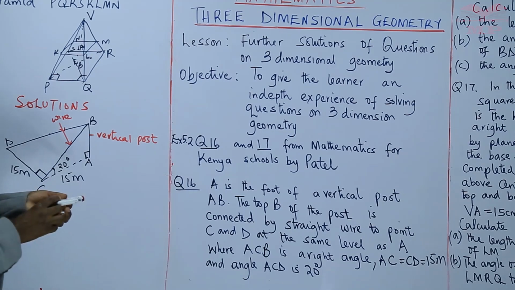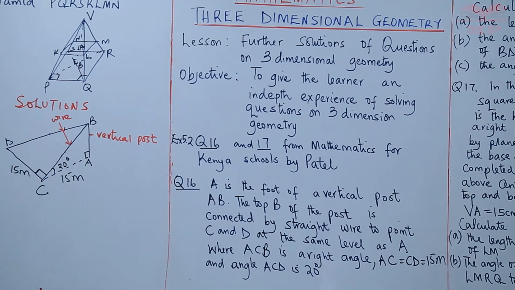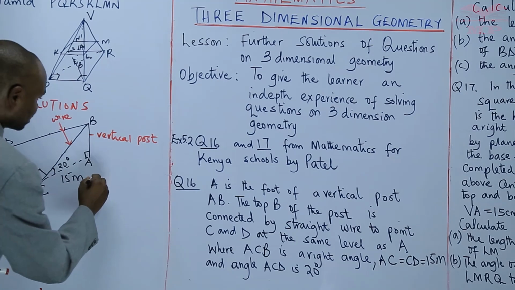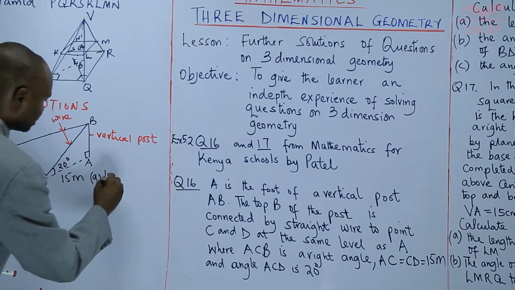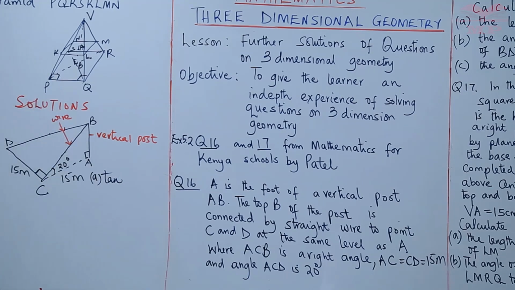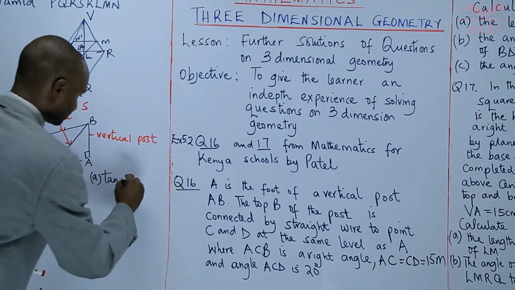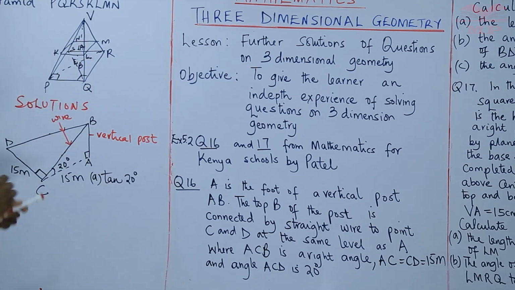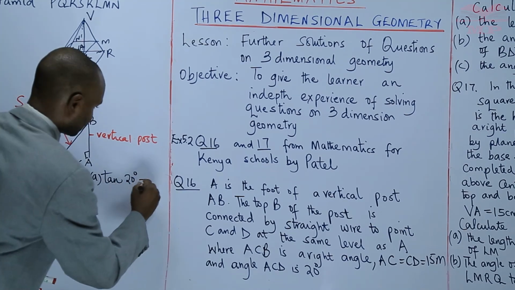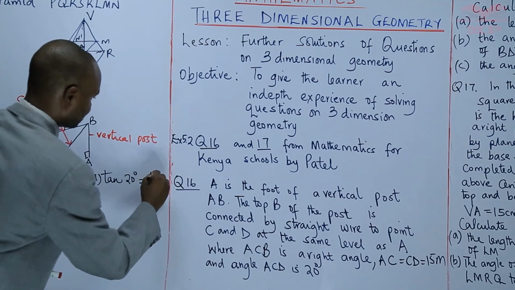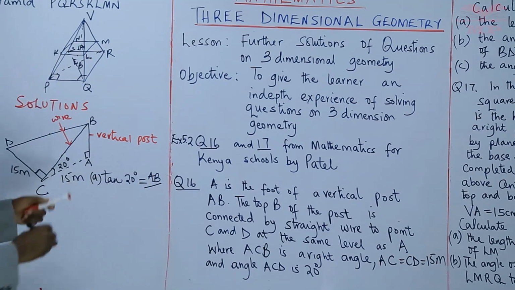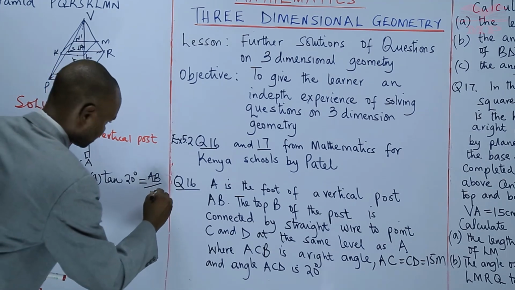When you go to AB, you'll use the tangent, opposite over adjacent. You'll say tan 20 degrees is equal to AB divided by 15 meters.